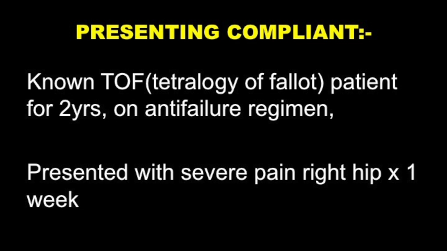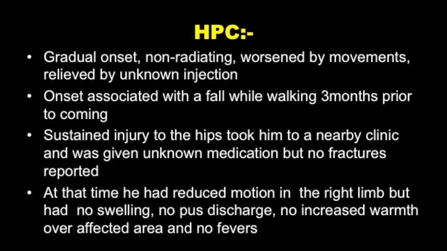Presenting complaint: a tetralogy of Fallot patient, diagnosed 2 years ago and on an anti-failure regimen, presented with severe right hip pain for 1 week. History of presenting complaint: it was a gradual onset pain, non-radiating, worsened by movements, relieved by unknown injections given at the peripheral clinic.